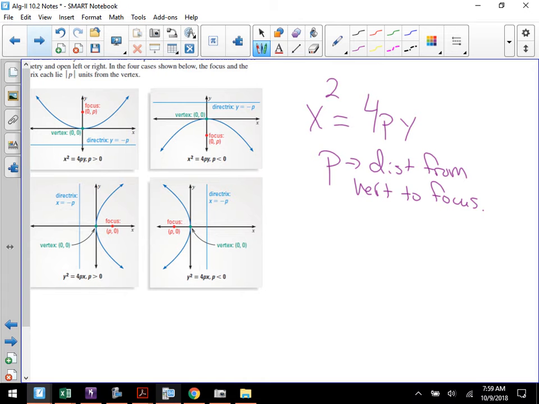Here, this p value is that distance, and if this is negative, it moves down. If it's positive, it goes up. Same thing if it's the other way. It's a y squared parabola, y squared equals 4px, where again, that p value tells you whether it's positive or negative. So this is your up or down. This is your right or left.